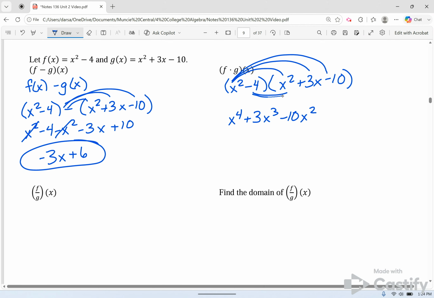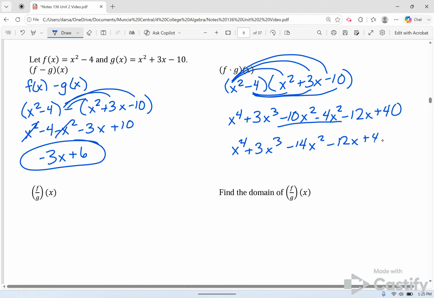And then we multiply the second term of the first times all of the terms of the second. So we're going to get minus 4x squared minus 12x plus 40. We collect these two like terms here, and we get x to the fourth plus 3x cubed minus 14x squared minus 12x plus 40. Final answer.